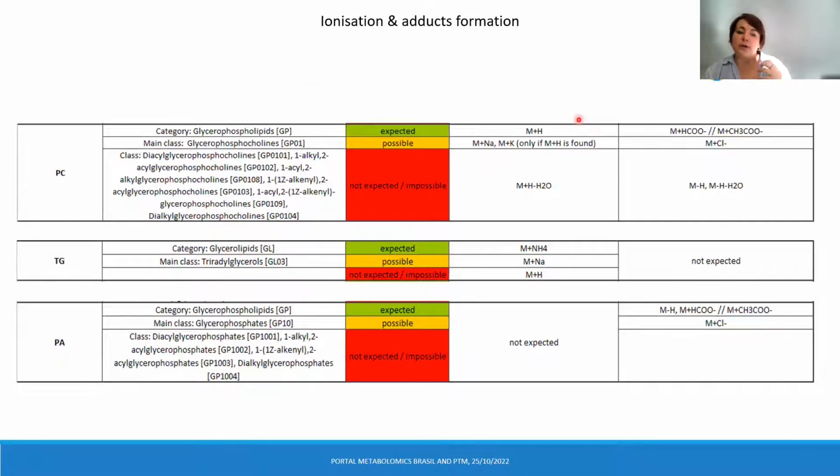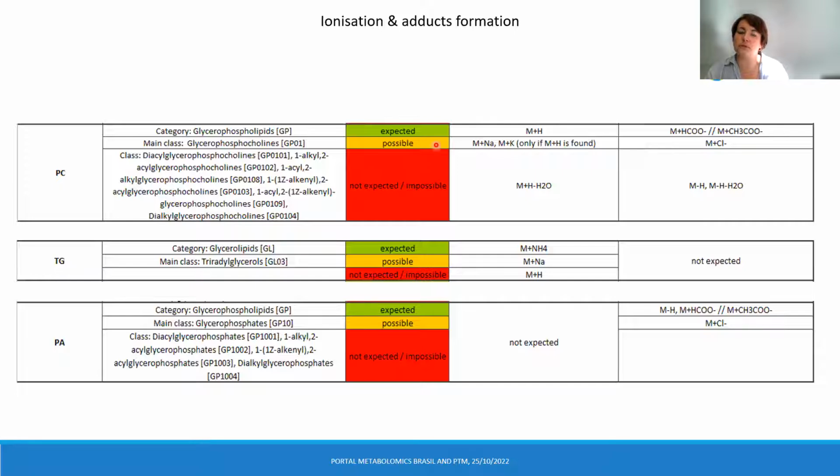Okay, so we created a list of such rules for different classes of lipids. Here we follow the classification provided by LIPID MAPS, and we classified different ions as expected, what is possible.